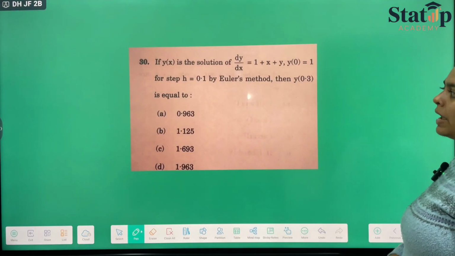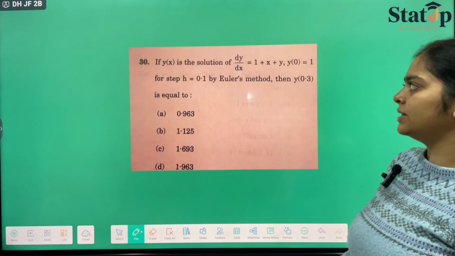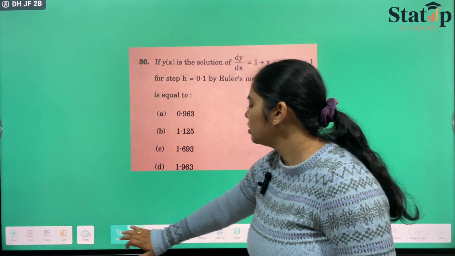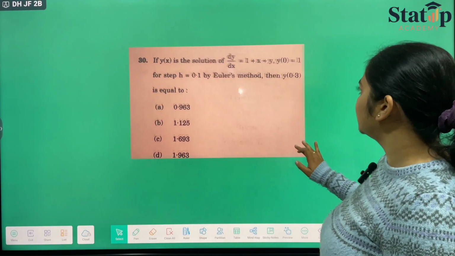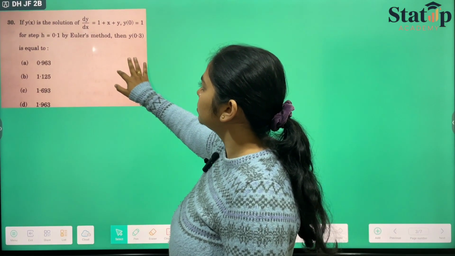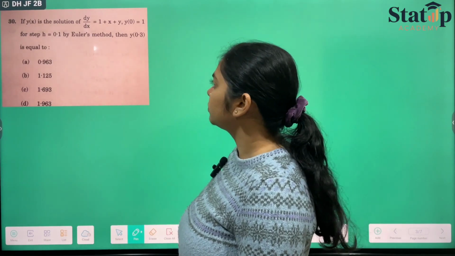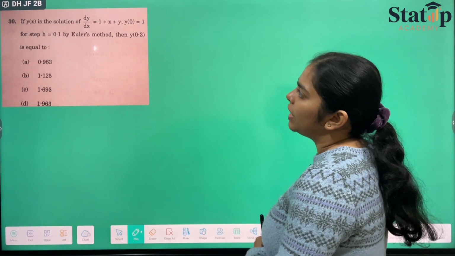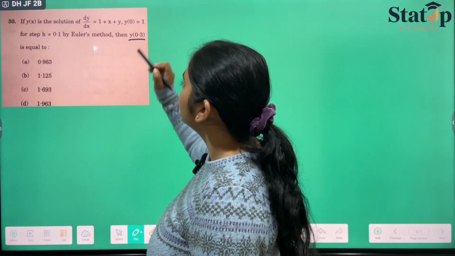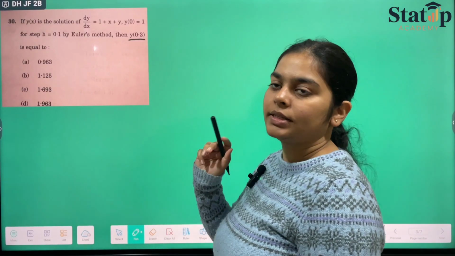Moving forward to another kind of question that the examiner asks us. This kind of question, I hope you've noted it down. Let us solve this. We have been provided with y(x) and Euler's method, and we have to calculate y(0.3), where the step size is h.